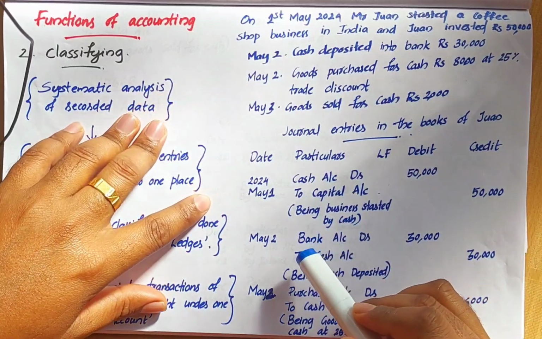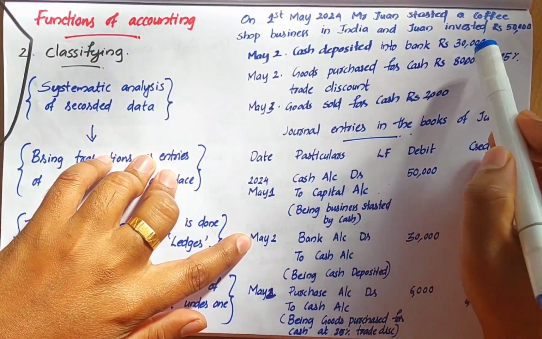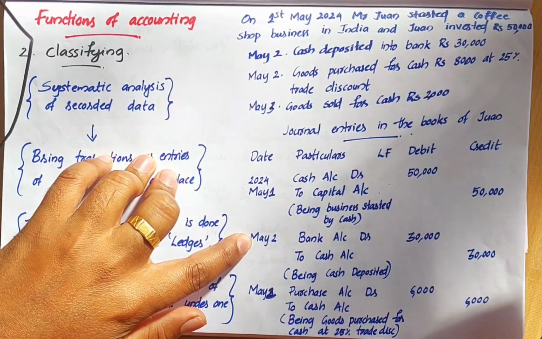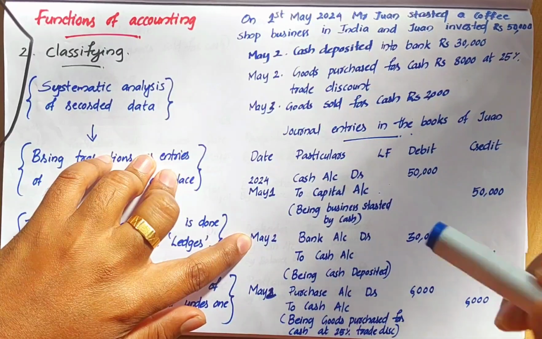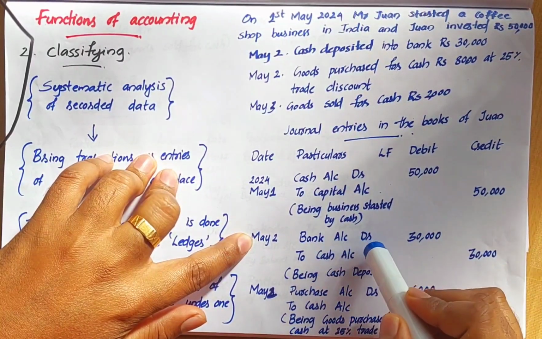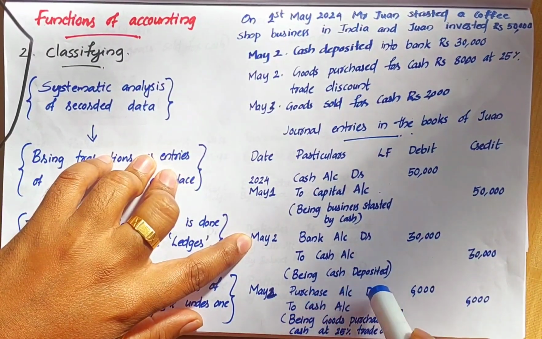On May 2nd, the transaction was cash deposited into bank, rupees 30,000. Cash is going from the business to the bank. Debit what comes in, credit what goes out, so we debit the bank. Bank account debited to cash account credited, being cash deposited.